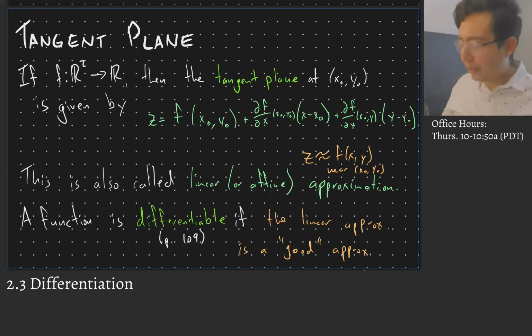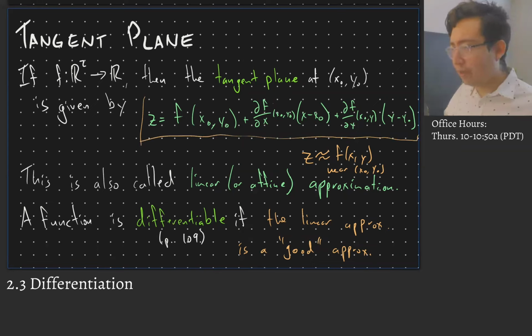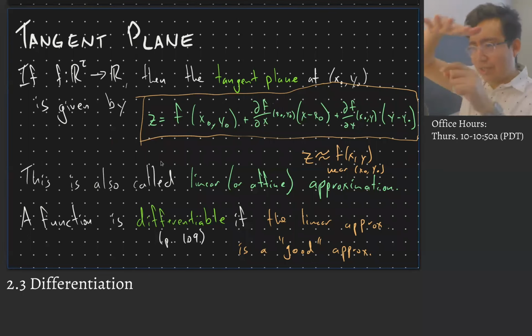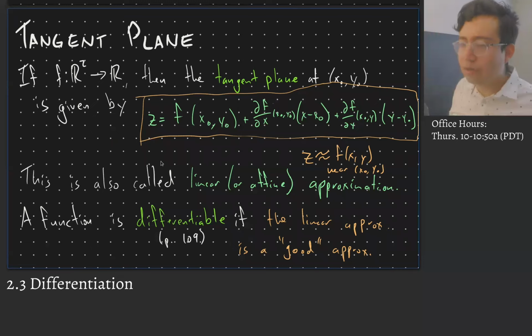I won't say much about that, but in the definition on page 109, they say a little bit more and talk about it in terms of limits and how these two things are related. There's a lot going on on this page, but the most important thing is probably this formula for the tangent plane. It's cool geometrically, but it's also approximating your function near that point.